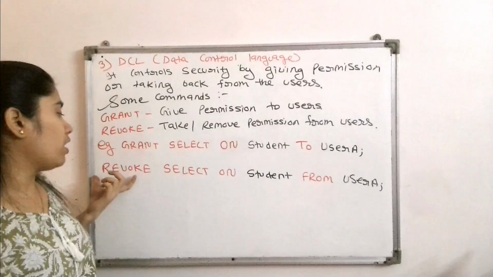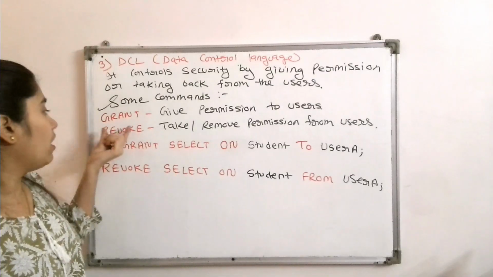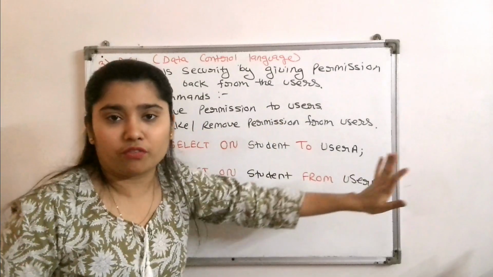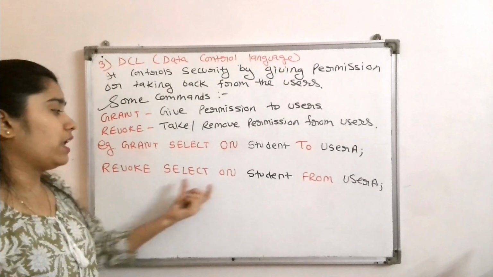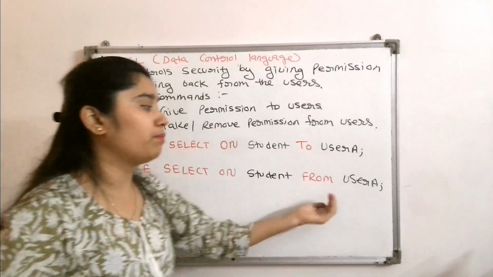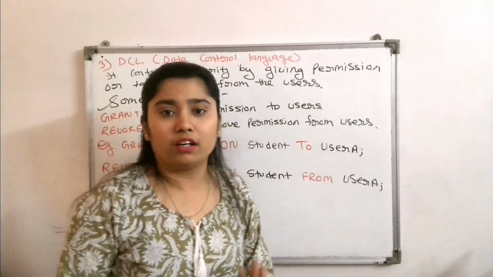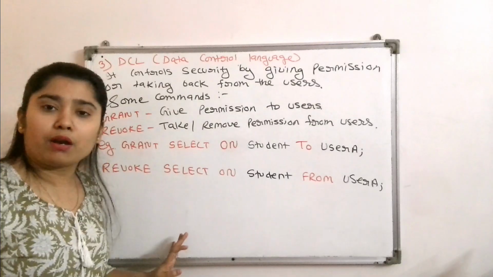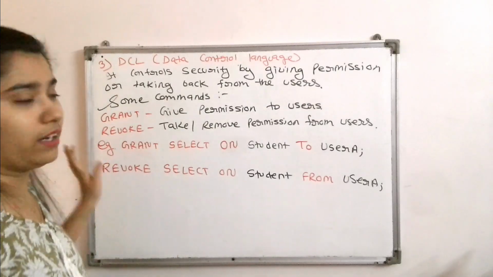Now, revoke means to remove the permission from the user. So REVOKE SELECT ON student takes back the permission from the user. Clear? I hope you are clear with the DCL commands also. If you want to take a screenshot or write it down.